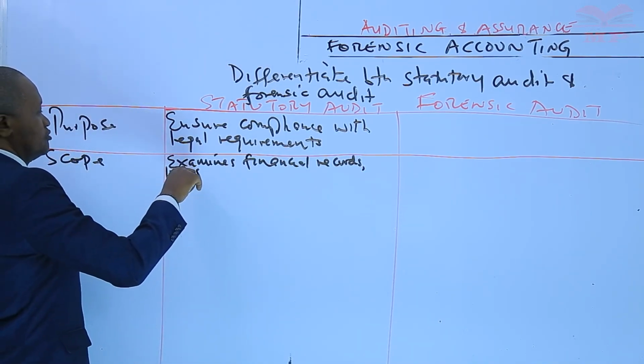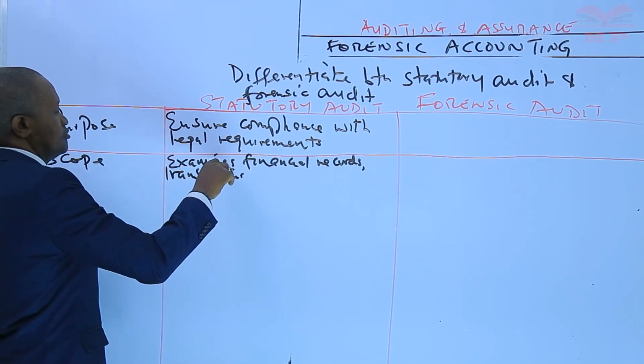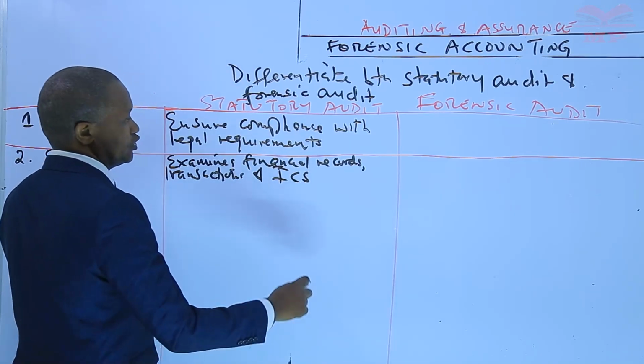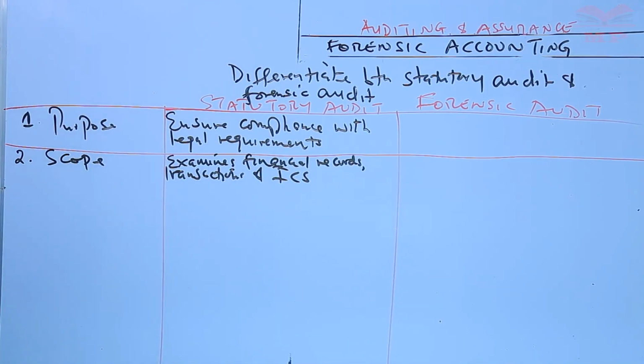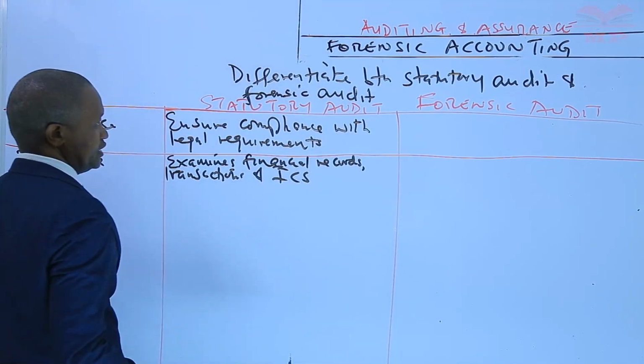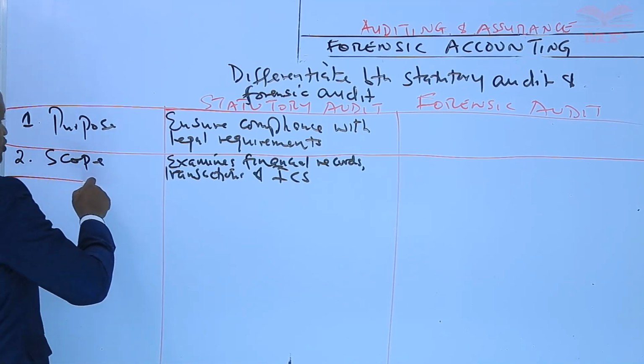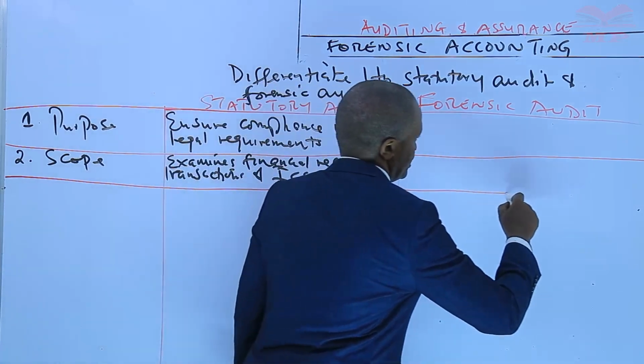That's not the case for forensic auditing. That is number 2, the scope.